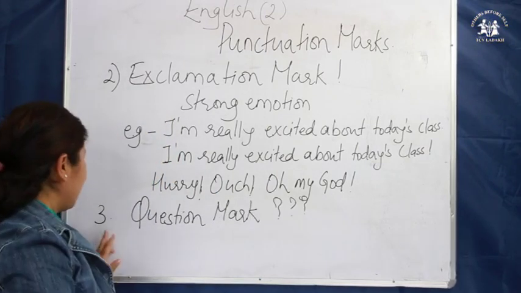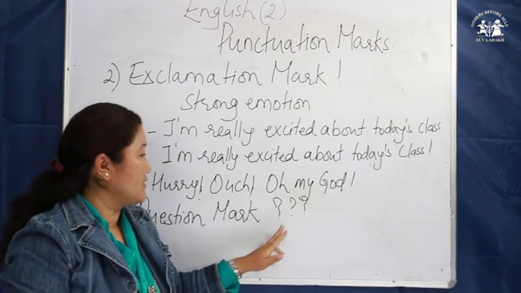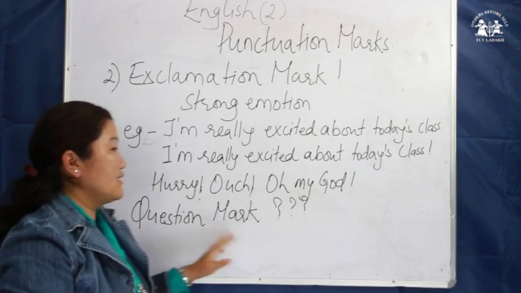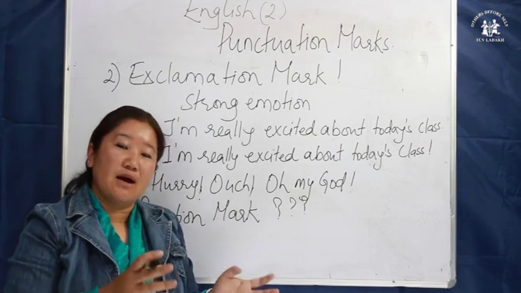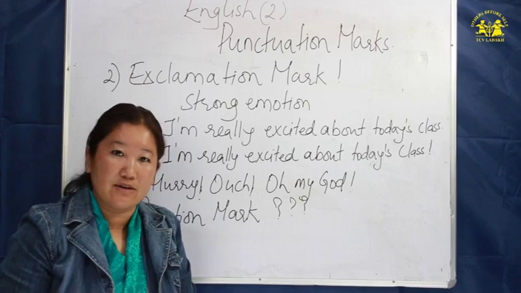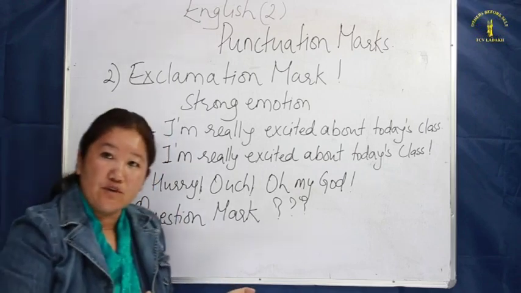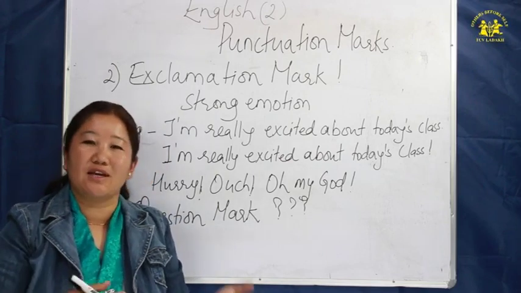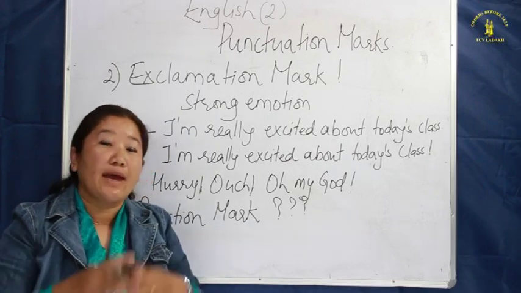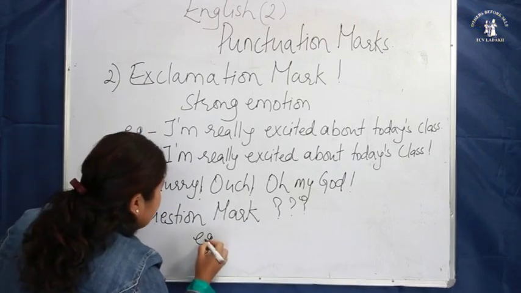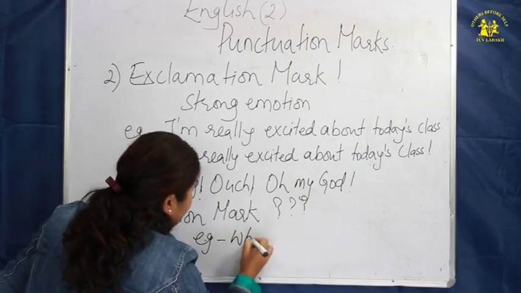Okay, then the third one is the question mark, all right? The symbol looks like this, okay? This particular mark is used when you have finished asking a question, all right? There are different kinds of questions: direct questions, indirect questions, what-type questions, yes/no type questions. For any kind of question, for example, the easiest one, what is your name?